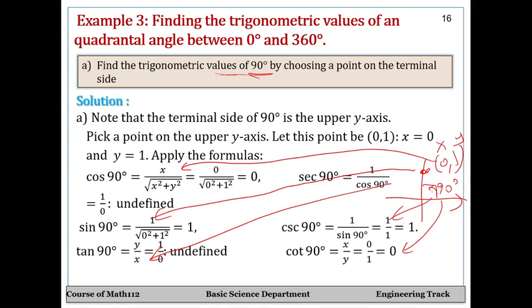This is x and this is y, and we know cosine is x over √(x² + y²), and sine theta is y over √(x² + y²).